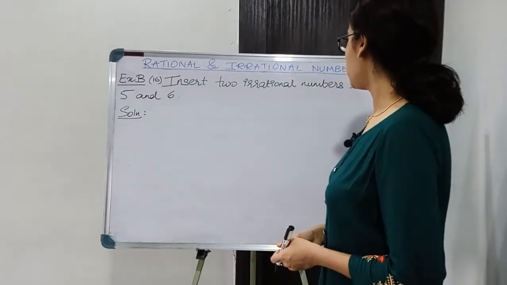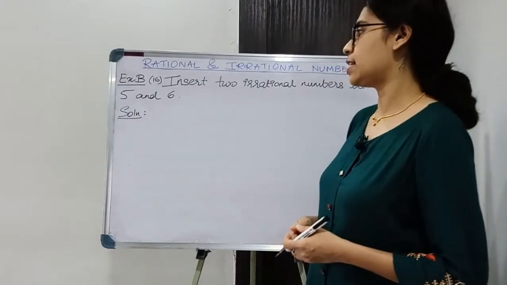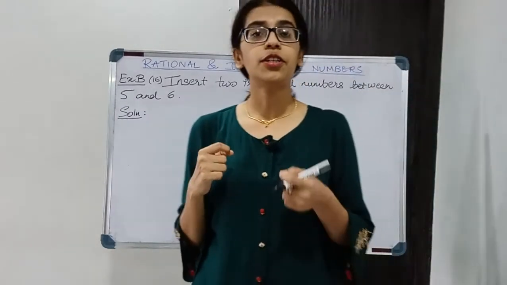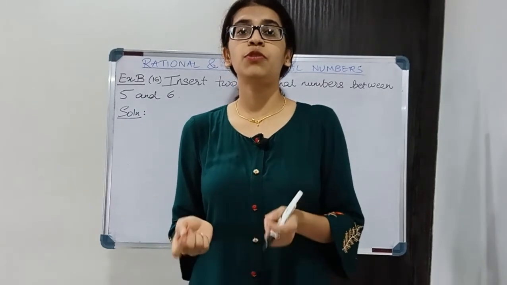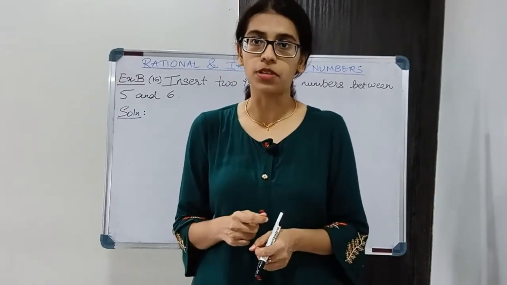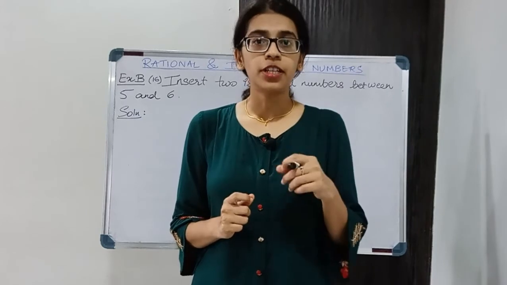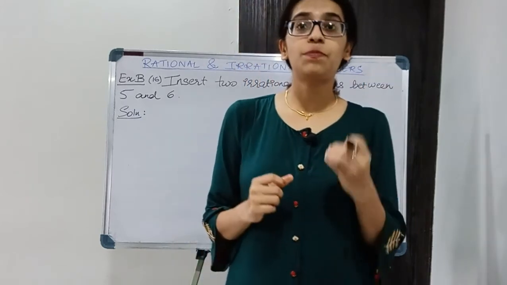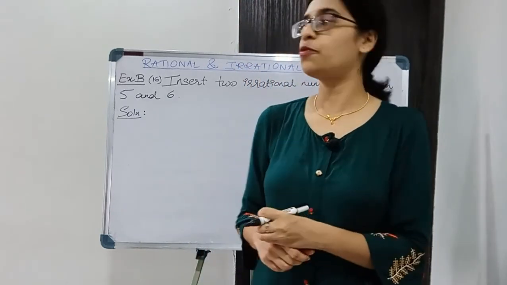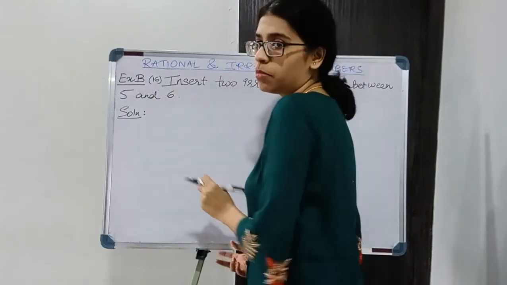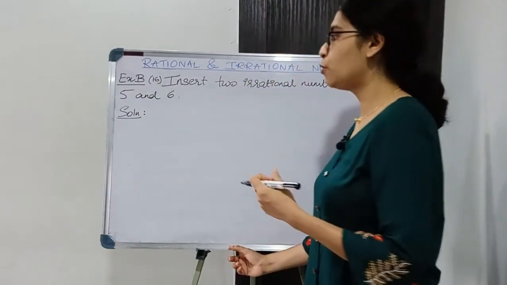Insert two irrational numbers between 5 and 6. You have to insert two irrational numbers between two rational numbers. So the first step over here is going to be to express them in the root form. So I'll express these two numbers in the form of root.